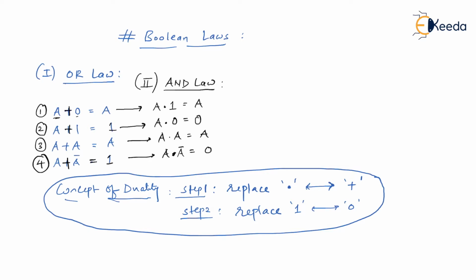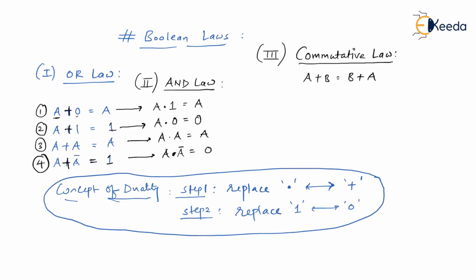Okay, now we are moving to the third category, that is the commutative law. What is meant by commutative law? Very simple. Look at this: A plus B is equal to B plus A. You OR A with B or B with A, you get the same result, isn't it?